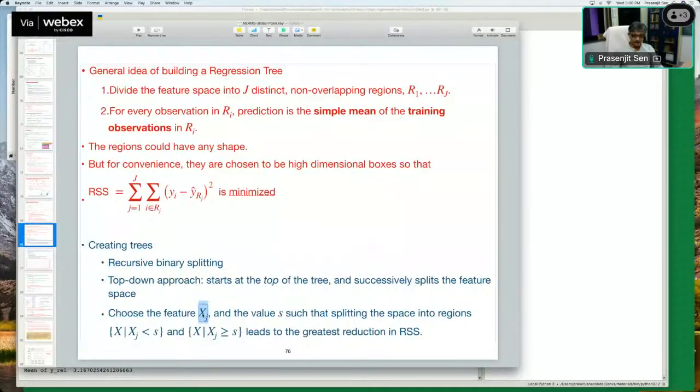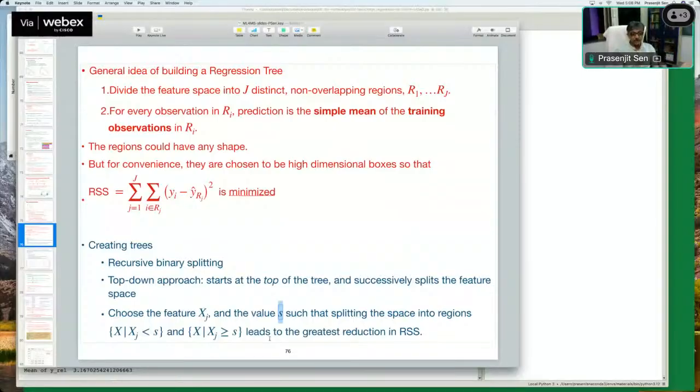Now, how do you decide these things? The simplest, brute force, naive way of doing it is to consider all features and all values of that feature, whatever exists in your data set, for splitting. And you look for the split, out of all possible splits, that gives the greatest reduction in the residual sum of squares.